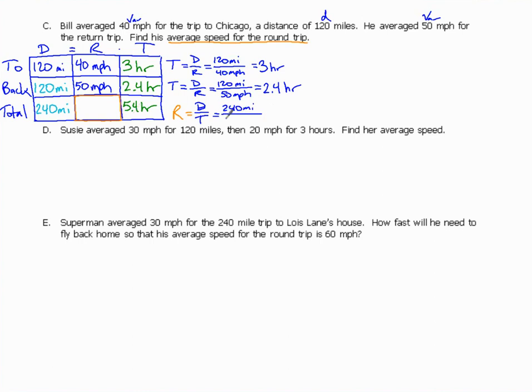Total time for the round trip, 5.4 hours. And so we put that into our calculator. We find it is 44.4 miles per hour. And so this is the answer that we find, 44.4 miles per hour.